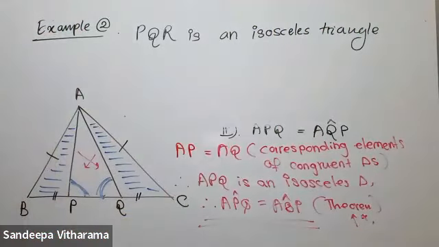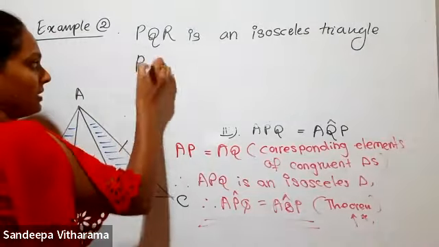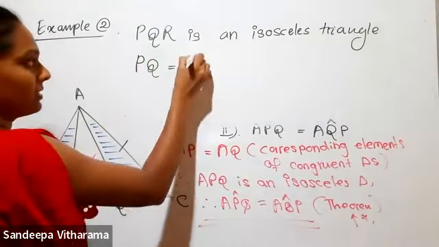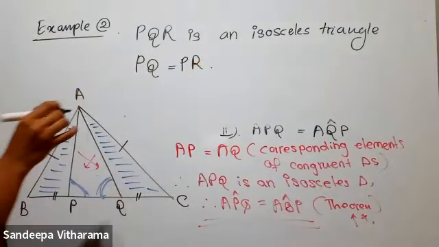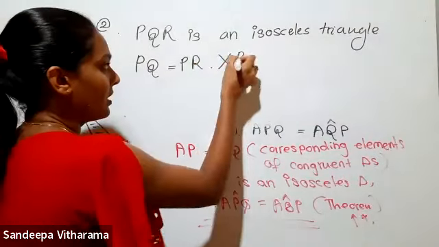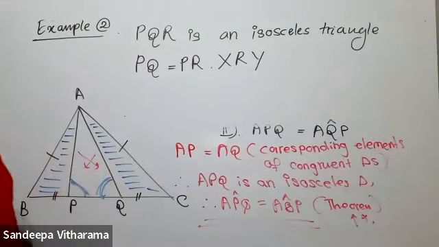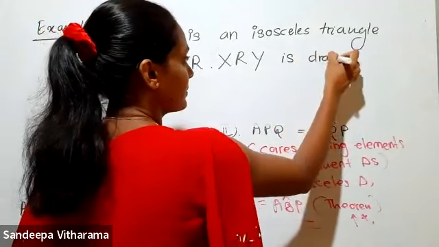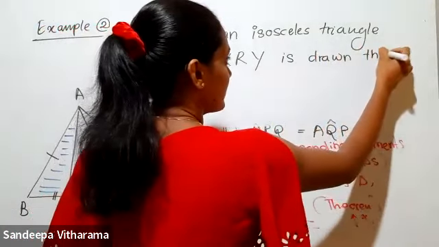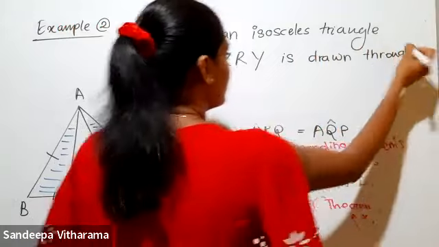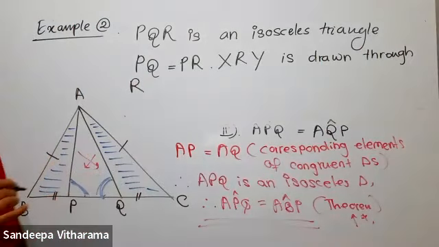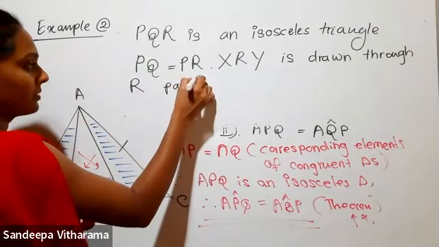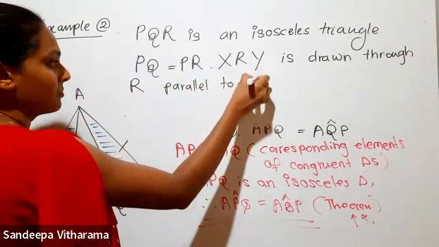PQR is an isosceles triangle, PQ equals PR. XRY is drawn through R parallel to PQ.